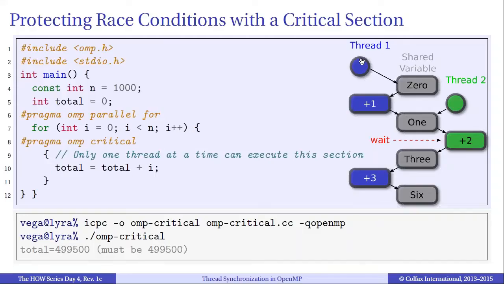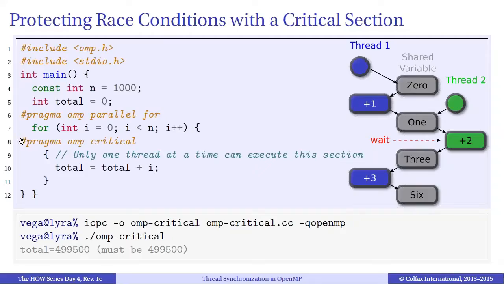So I want this: one thread is reading, writing, it's done. Then another thread grabs this variable. Thread 1 has to wait until thread number 2 increments, writes the result, and so on. So essentially, I'm serializing my application in this code region. One of the mutexes that you can use in OpenMP is pragma omp critical.